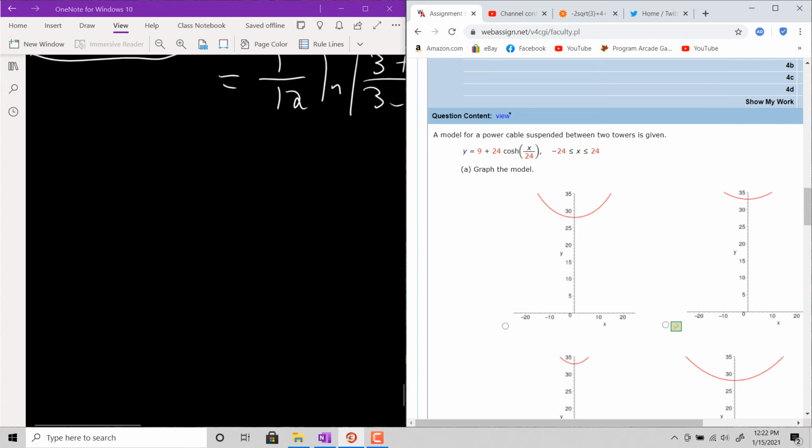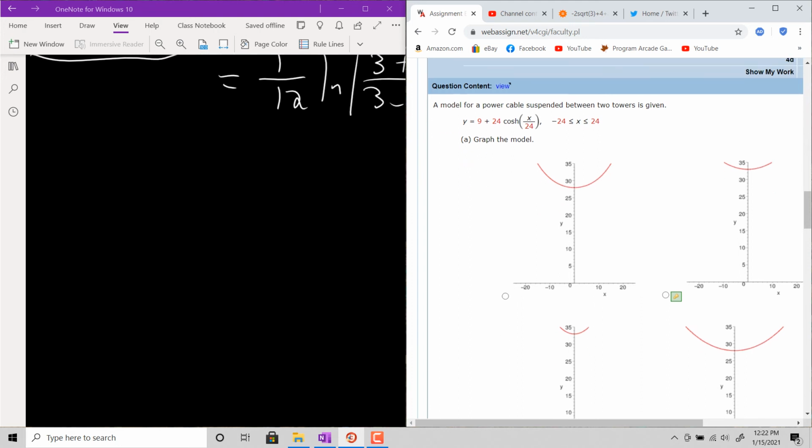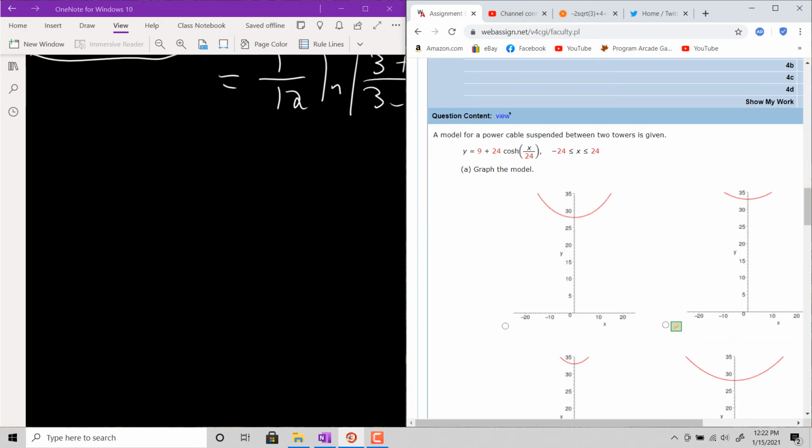We want to look at this problem, number 4. You can use hyperbolics to model power cables. Later on, when we get to integrals for figuring out arc length, we'll see these again, because you'll want to know how much power cable you need to go from point A to point B or stuff like that.